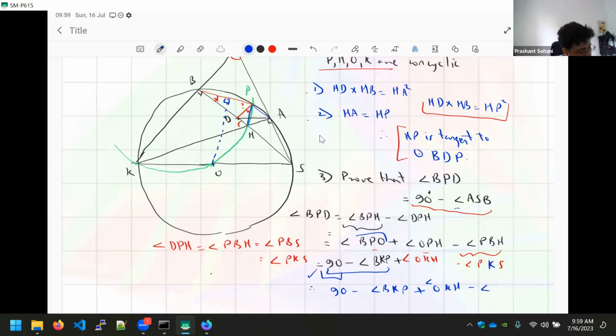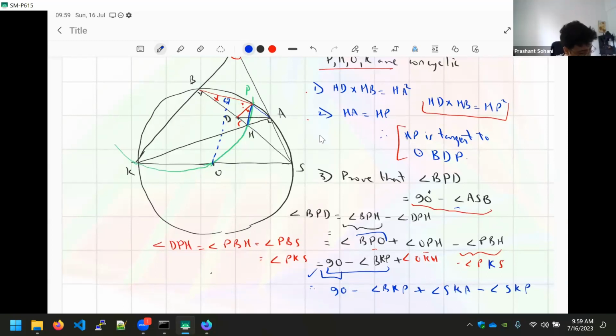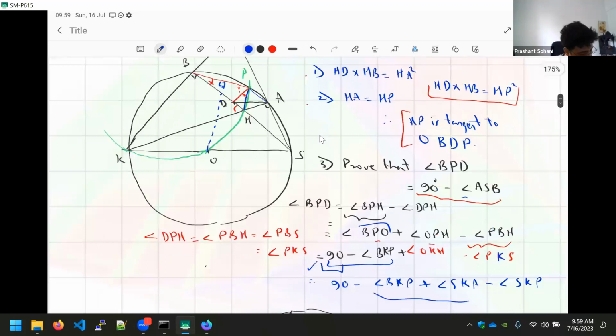SKA, right? Minus angle PKS, or instead of that, let me write SKP. So you'll see that in fact all these three angles are at vertex K only. So can we combine them and what will we get?